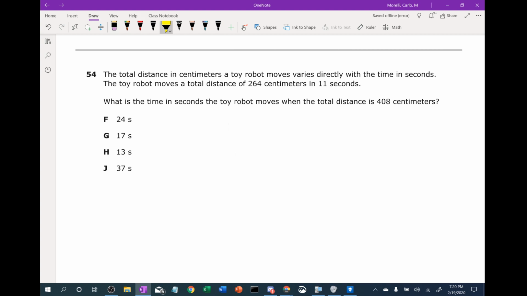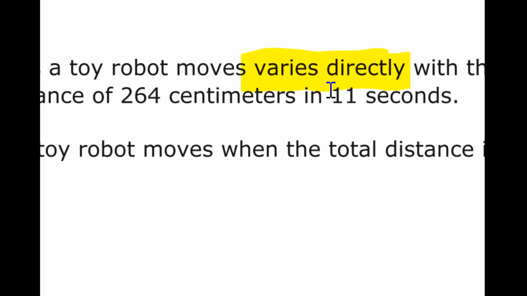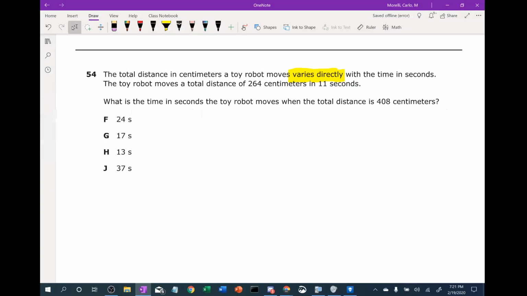Right away, I'm going to zoom in on varies directly. Varies directly tells me that I'm going to be doing butterfly. Hi, Jasmine. And varies directly means a proportion. So we're going to be doing butterfly. Okay, it's going to be a proportion.